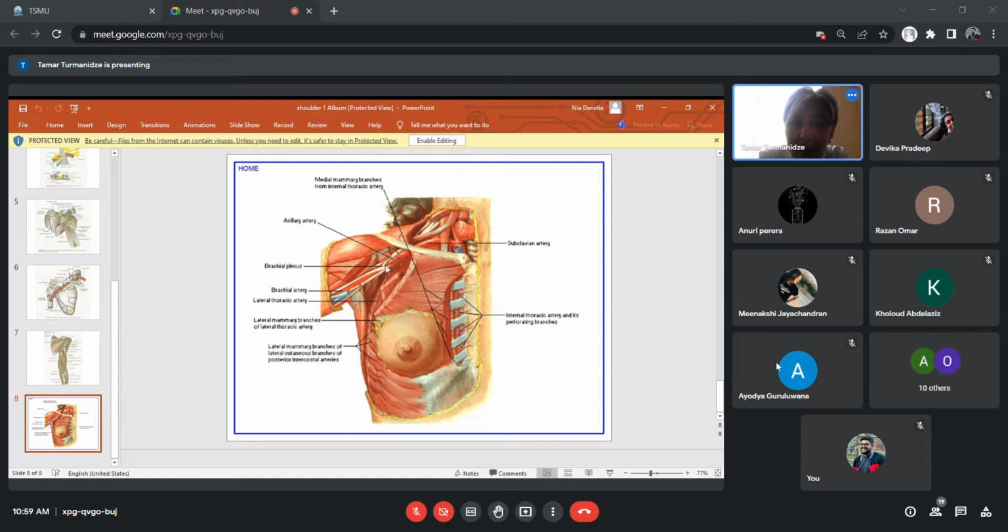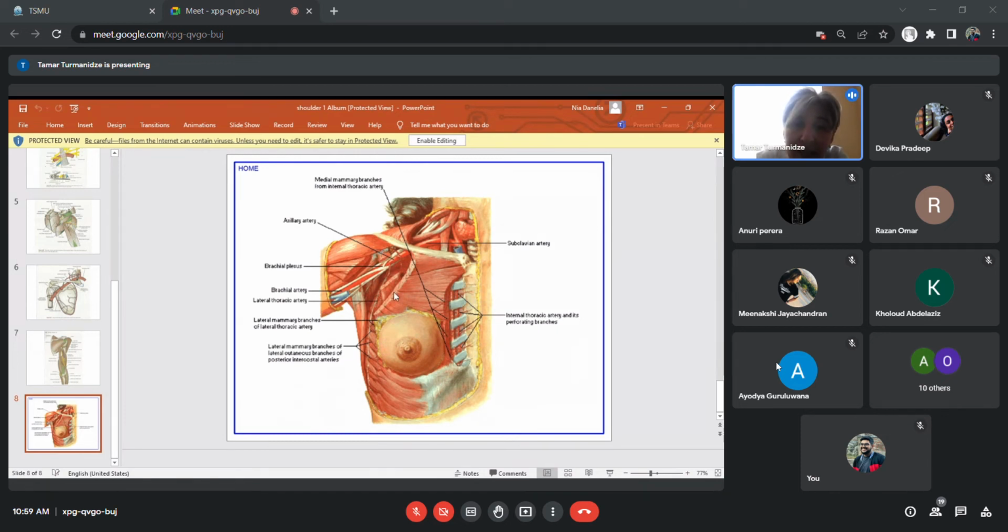This is a minor muscle, which takes origin from the third, fourth, and fifth costal cartilages, and it is attached to the coracoid process of the scapula.